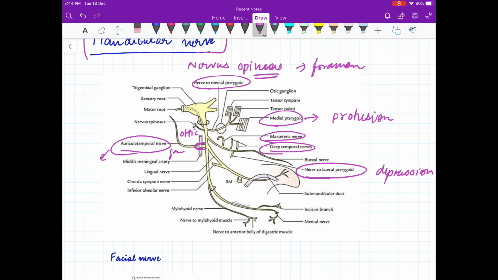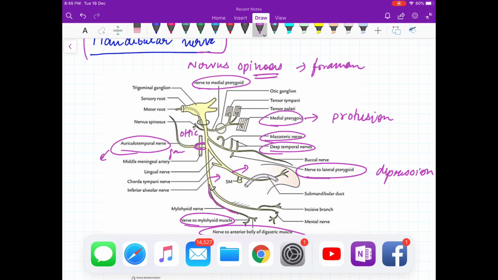It further gives the lingual nerve and inferior alveolar nerve. Inferior alveolar nerve further gives the nerve to mylohyoid muscle, which also supplies the anterior belly of digastric muscle.